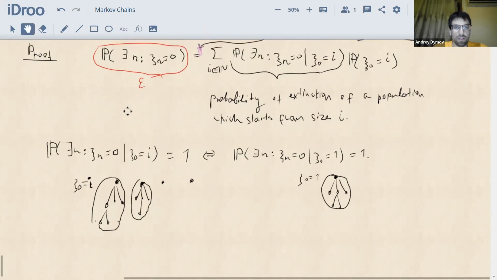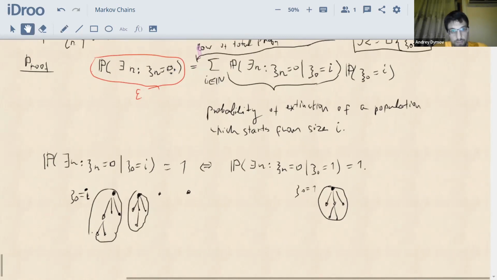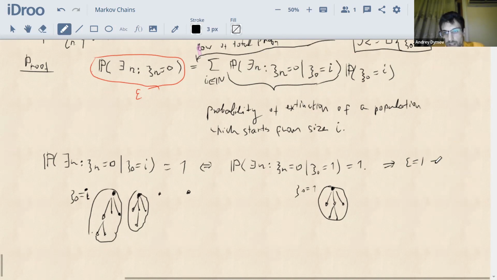So this means that, look, if epsilon equals 1, then at least one of these probabilities should be equal to 1, right? Otherwise, it's impossible, because the sum of these probabilities should be equal to 1.